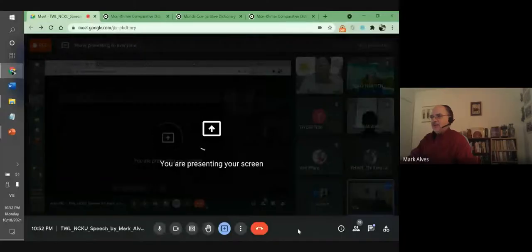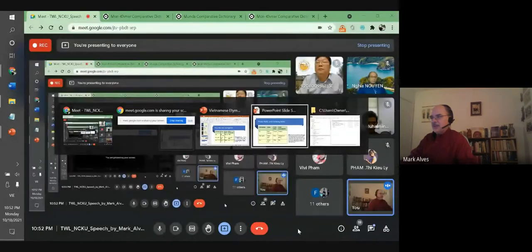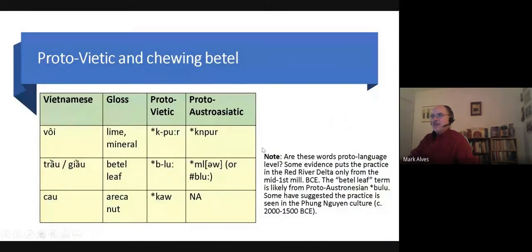But what I am showing you here, we don't know the archaeological details of this, but the words for the voi, the lime, zhao for betel leaf, and then gao for areca nut. These can be reconstructed in Proto-Vietic.